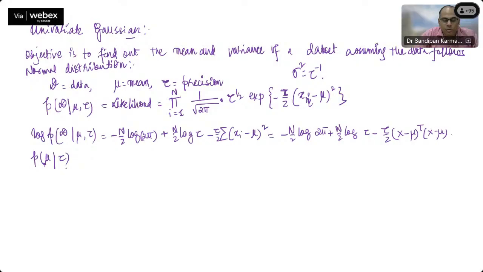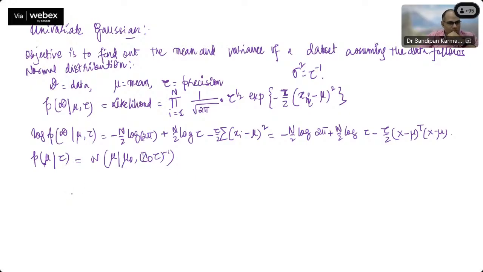If you don't condition it on the precision, then the estimate of mu gets fluctuating, an inconsistent estimation. So that's why we go for mu given precision, or mean given precision. We assume it as a normal distribution, N of mu given mu naught, lambda naught, and tau inverse.